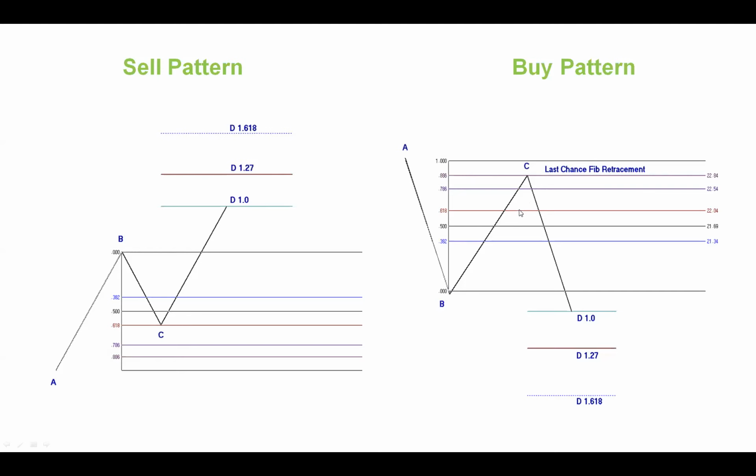The reason is that over my years of doing technical analysis, working with these patterns and these ratios, this is the last chance for the market to come up and do a test and then either turn or continue up. My observation has been that when the market gets up to the 886 ratio and has a close above that 886, it has a very high chance of getting at least to the 1.0 and most often above that 1.0.